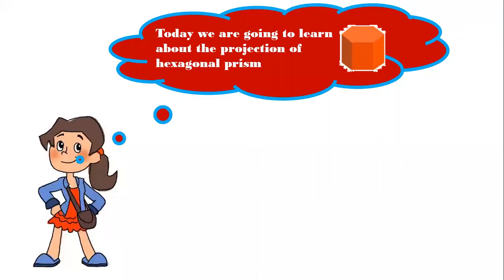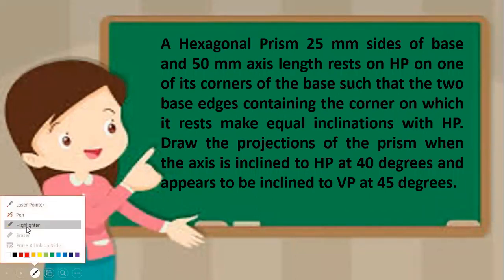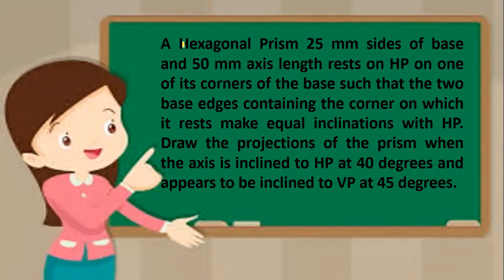Today, I will be discussing the projection of hexagonal prism. A hexagonal prism, 25 mm sides of base and 50 mm axis length, rests on HP on one of its corners of the base, such that the two base edges containing the corner on which it rests make equal inclinations with HP.